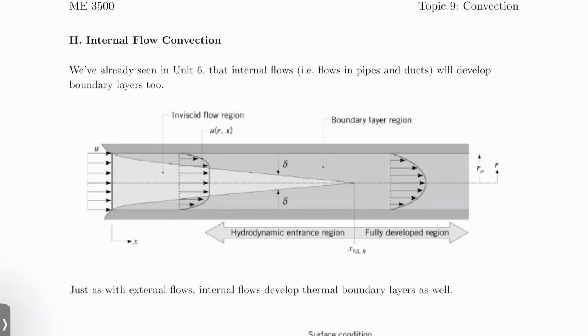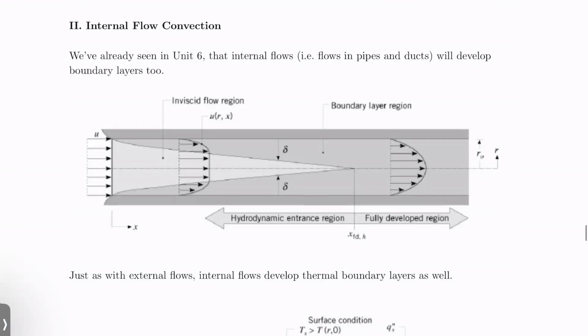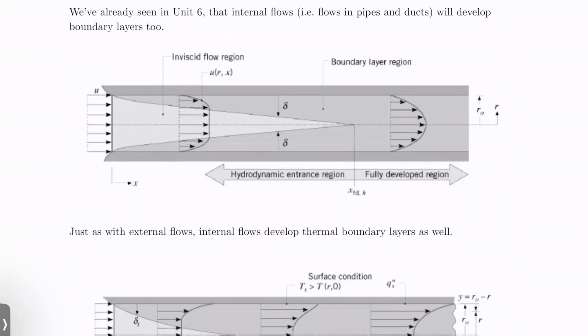That's called the fully developed region. All right. So just to be very specific about this, when you're in this kind of region, this is called the entrance length. The flow is not yet fully developed.